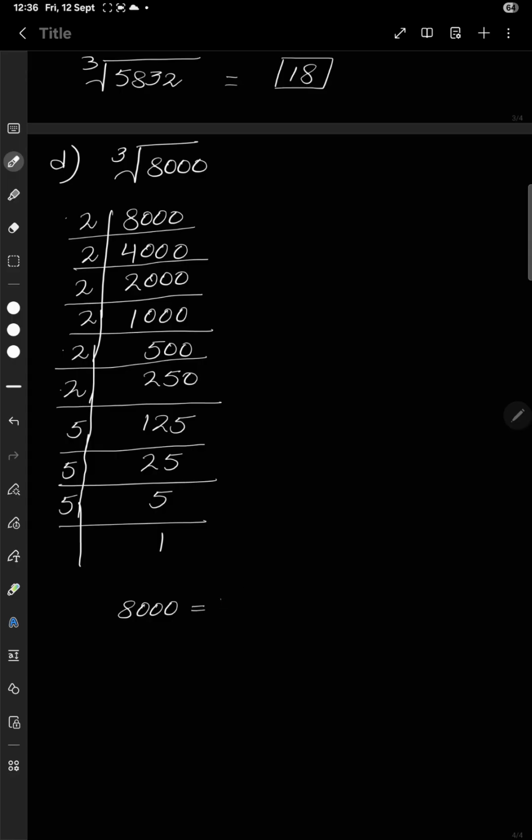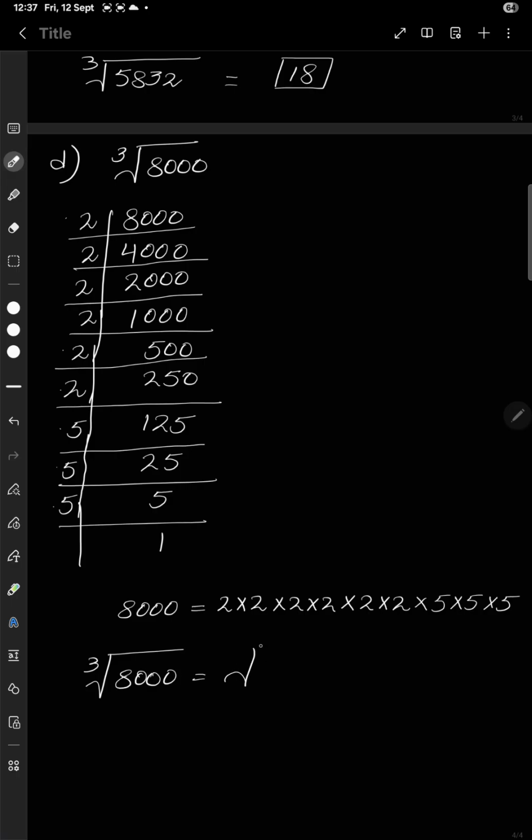So I will write 2 six times, and I will write 5 three times. I have to take the cube root of 8000 on this side, so I will take the cube root on this side as well.